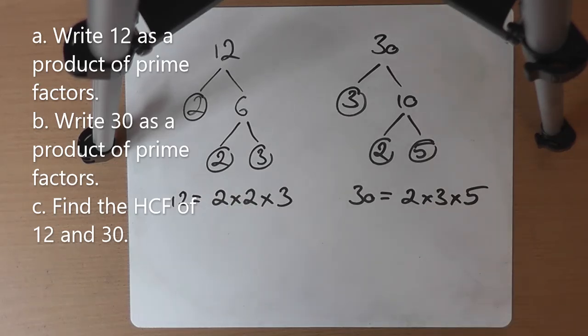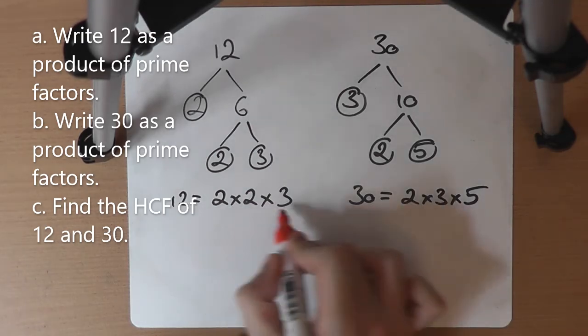Now again, and I cannot stress this enough, I would suggest that you only use this method to find highest common factor if you are clearly being pushed in this direction. Generally speaking, stick with lists. But if a question like this one is clearly pushing you down this route of using the product of prime factors, then maybe you might want to use it. Although with this question you do have the wiggle room that you could get away with doing it as lists. But we can do this from the product of prime factors.